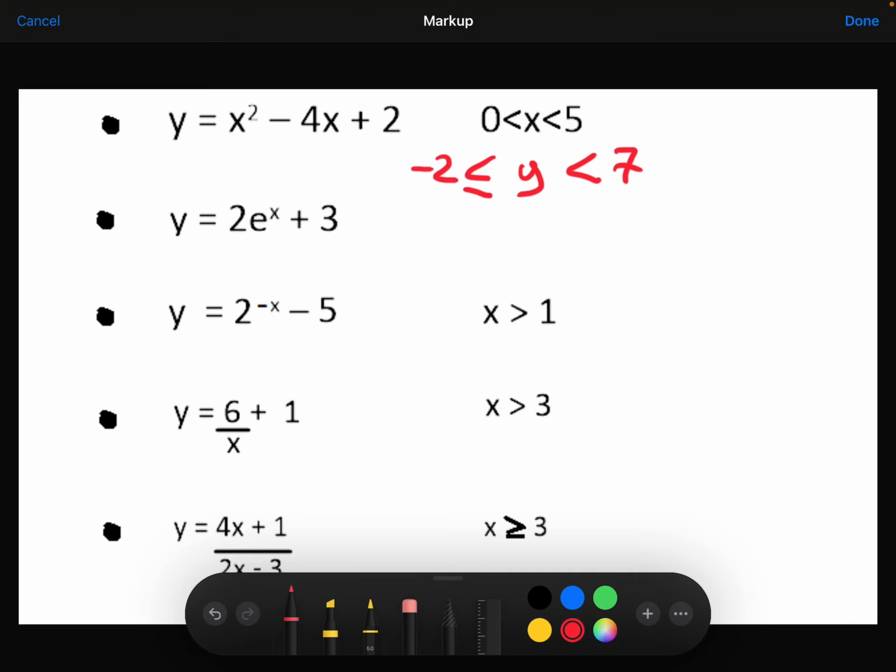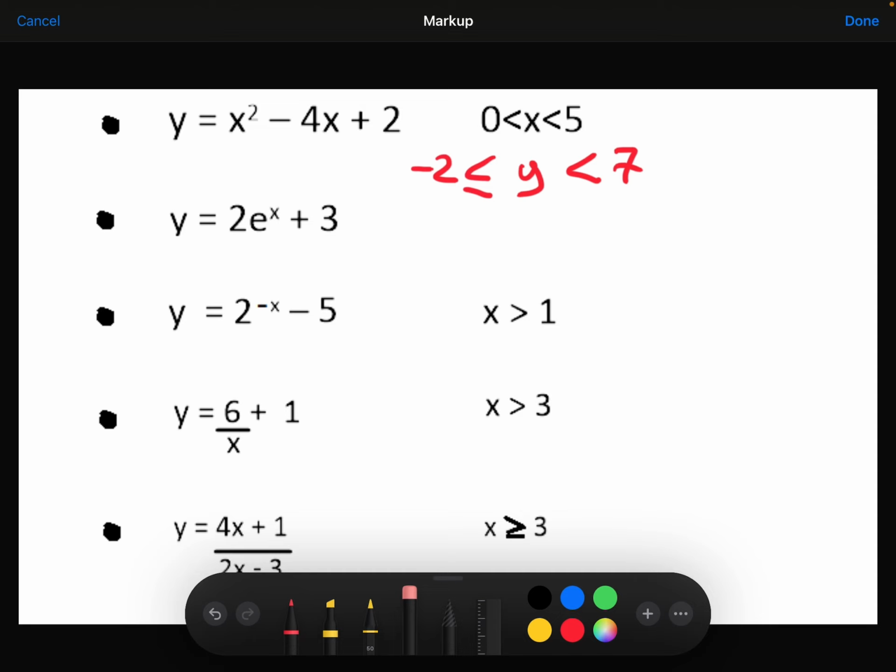However, if I was to put this line here, that would be wrong, because the y coordinate equals 7 when the x coordinate was 5. And we can see that there is no line underneath the 5 there. X can't equal 5, so therefore y can't equal 7.